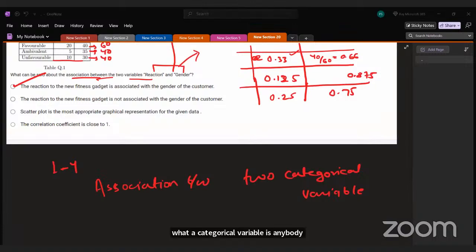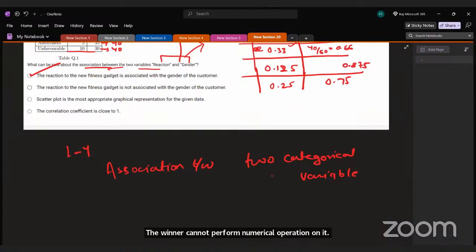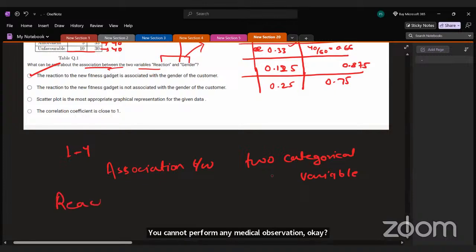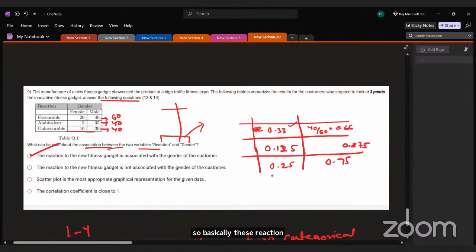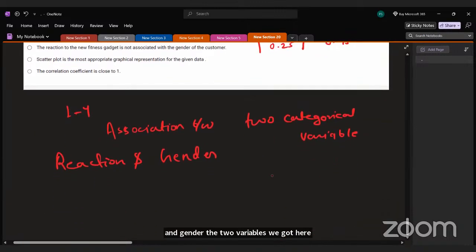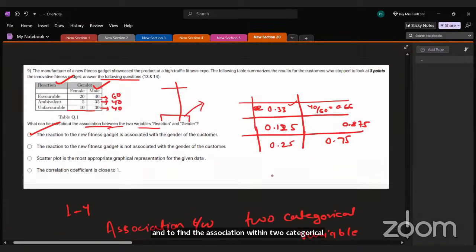Sir, we cannot perform numerical operations on it. Right, we cannot perform a numerical operation. So these two variables we got here, gender and reaction, are categorical variables. To find the association between two categorical variables, we already got the contingency table.